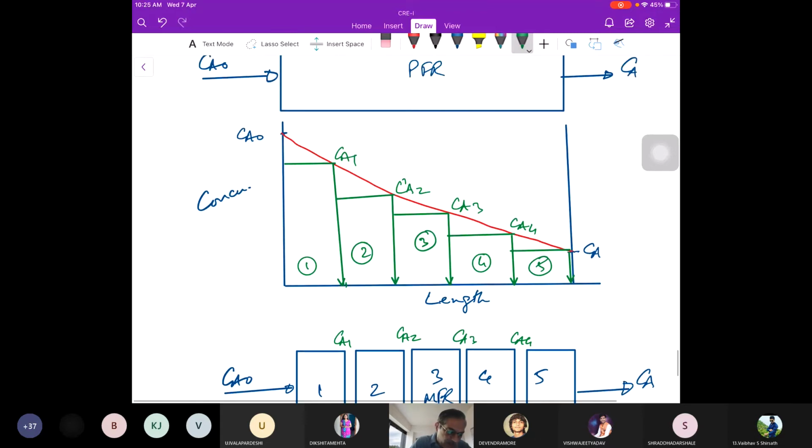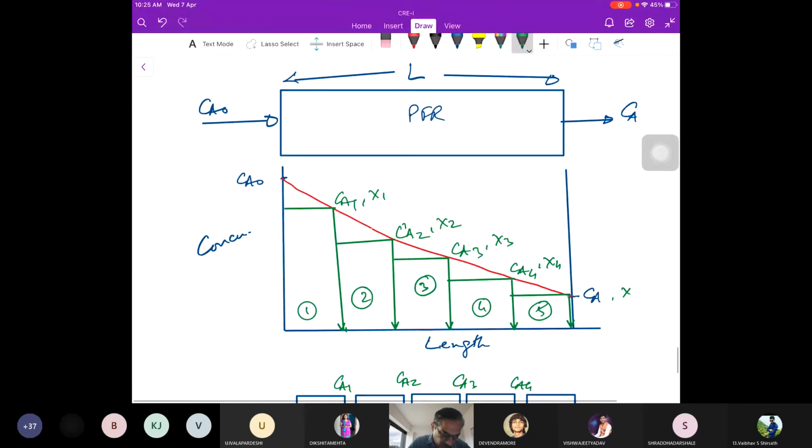So that's what happens in the MFR. It gradually drops. First it drops in this one, some conversion comes. Suppose x1 is the conversion, then x2, x3, x4, and xn. Right? So it drops a little, then goes to the second where it drops, then drops again, till it reaches the final conversion or concentration.